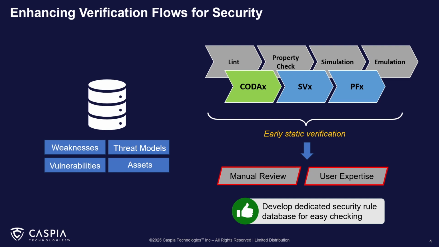Static verification is a capable approach to enable security auditing of early RTL design code and provide guidance to fix the issues. However, there has existed little to no comprehensive static security rule database dedicated to security checks, meaning user expertise and manual reviews are still required.